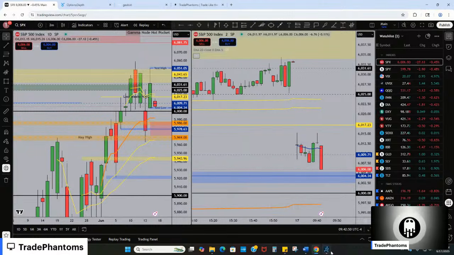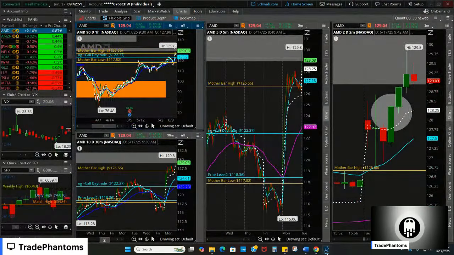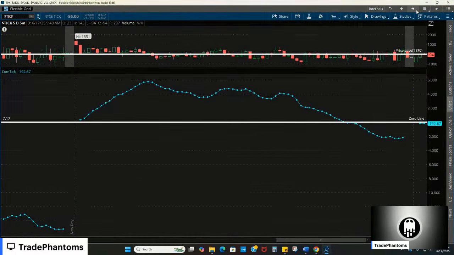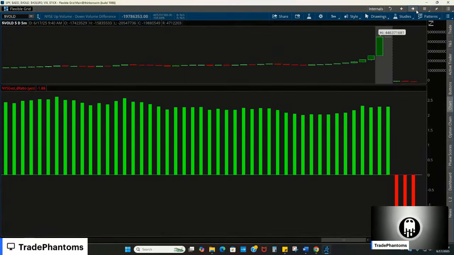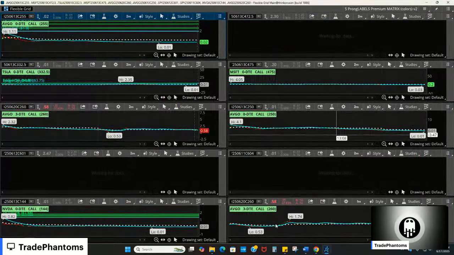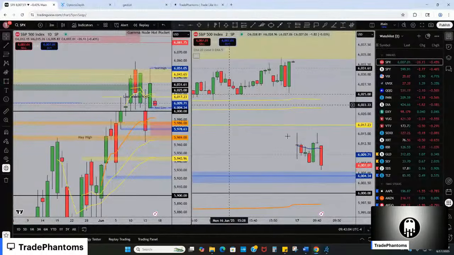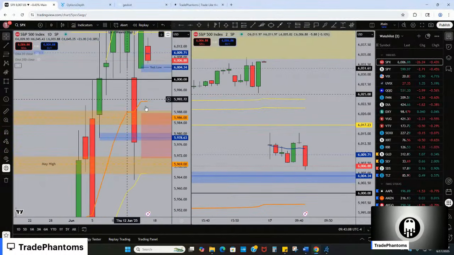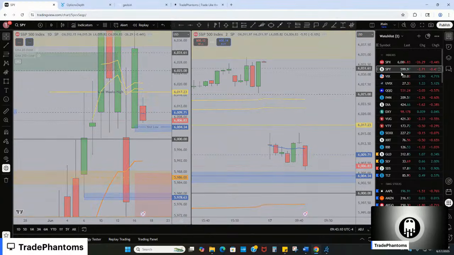We got 6 more points here for SPX. What's the VIX doing here? Oh, just up on a little bit of a spike, nothing too crazy. Let's see, SPX, got SPY.